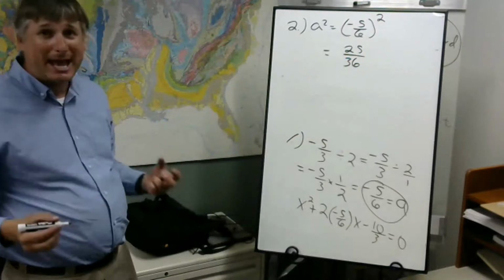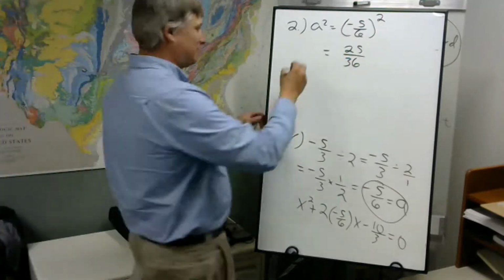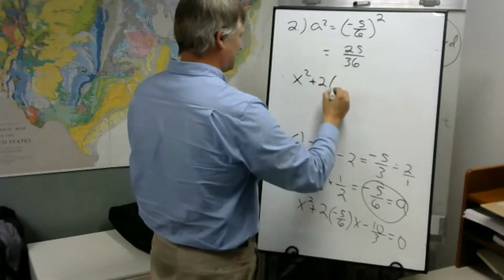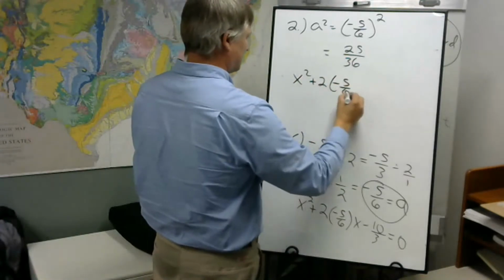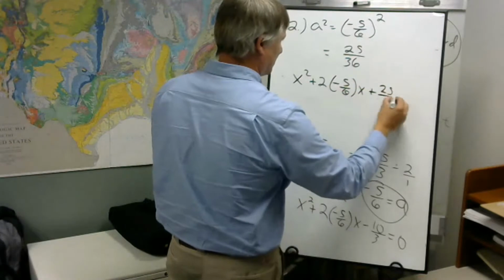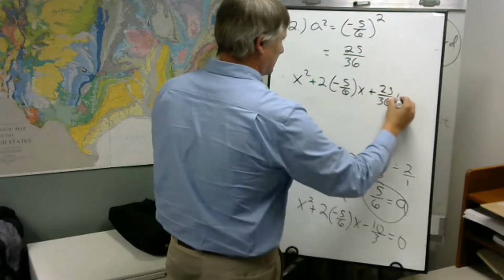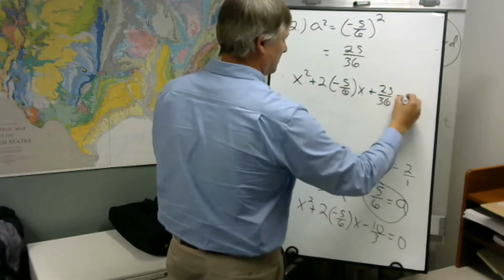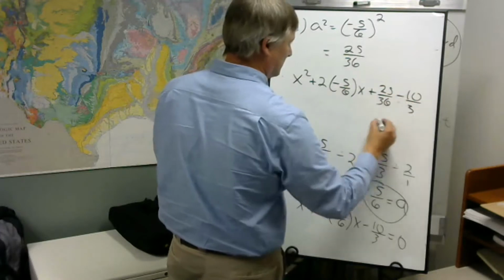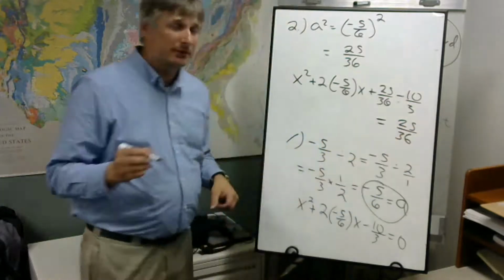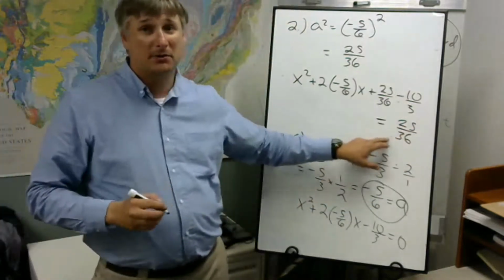So what we do is we add a squared to both sides. So now it's not equal to 0 anymore. It's equal to 25/36.